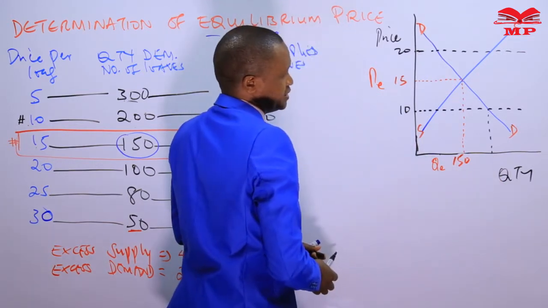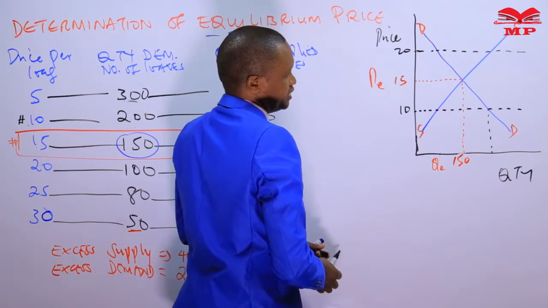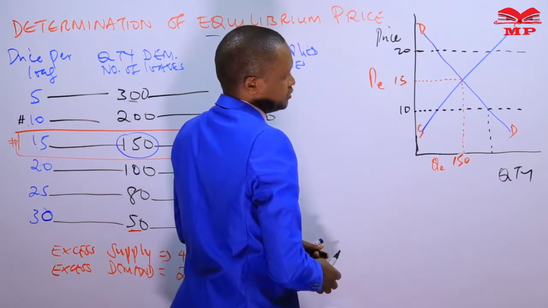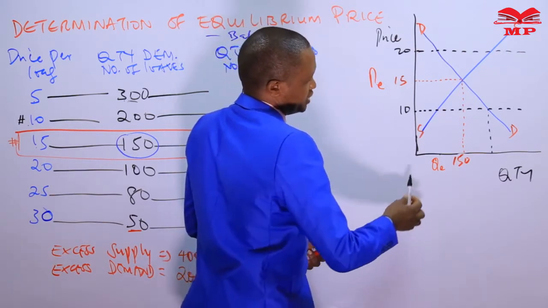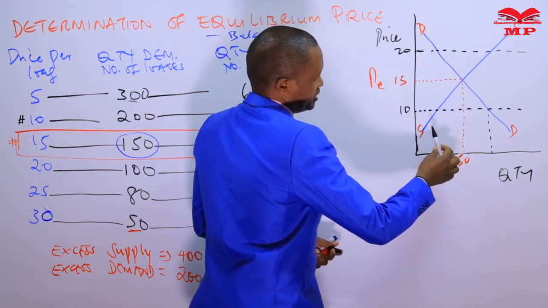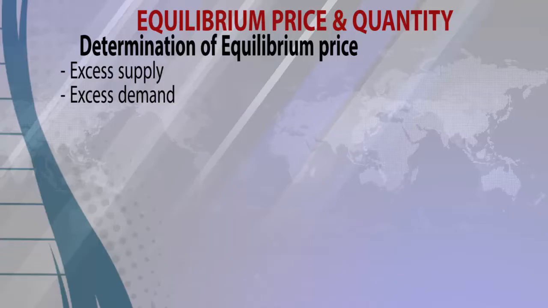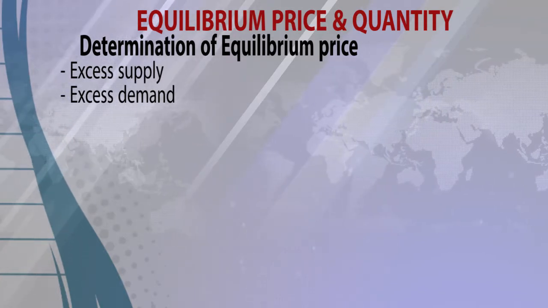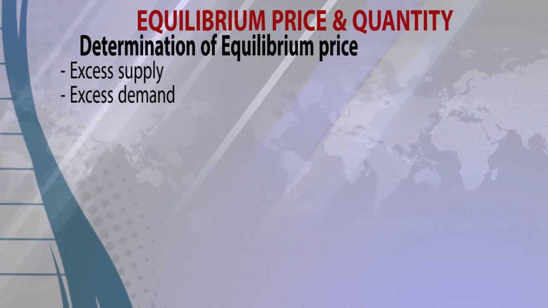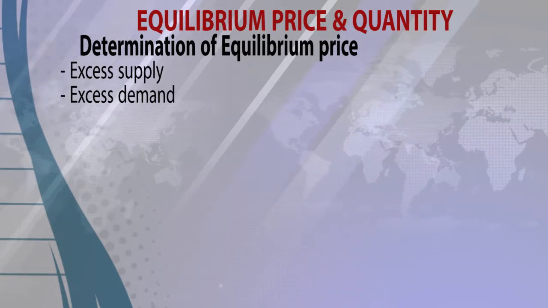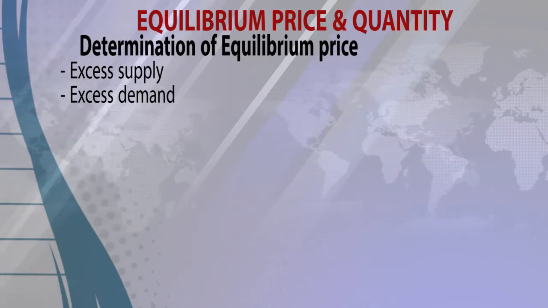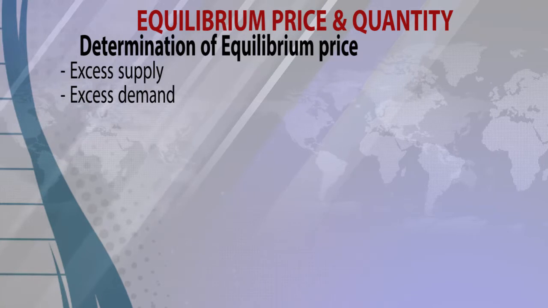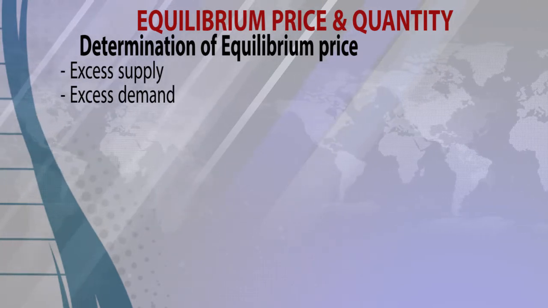All right? So that is very important to note. So you can see the excess demand. What is the impact? What we want to study now is the impact or the effects of shifts in demand curve and supply curve on the equilibrium.